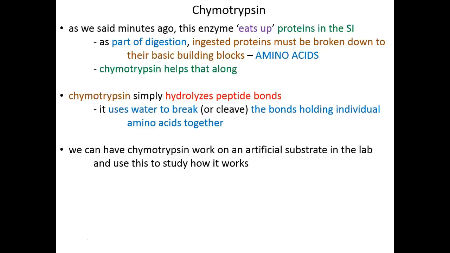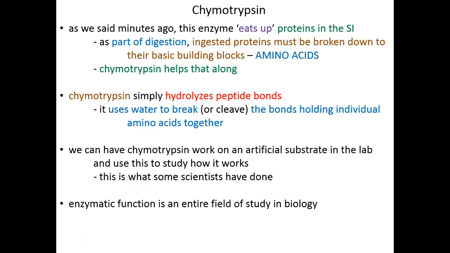You can have chymotrypsin do that same job and cleave peptide bonds on some artificial substrate that you've created in a laboratory, and you can monitor chymotrypsin when it's in the middle of its work and figure out what it's doing. And in fact, that's what has been done in order to make the material that I'm about to share with you known.